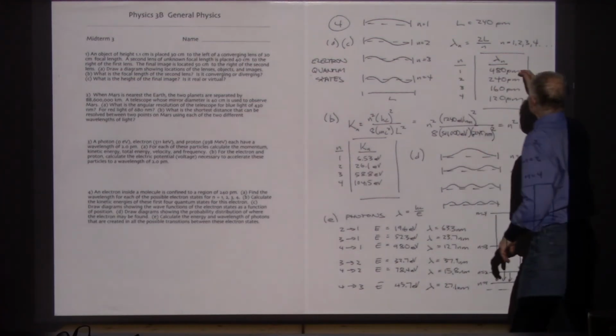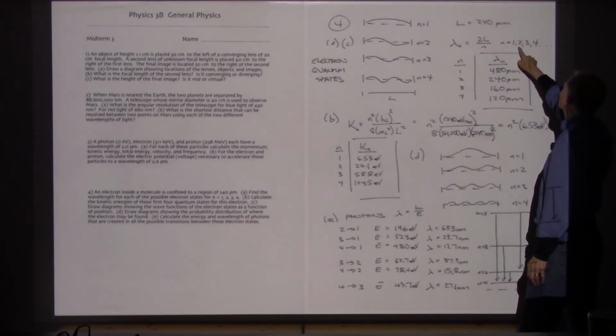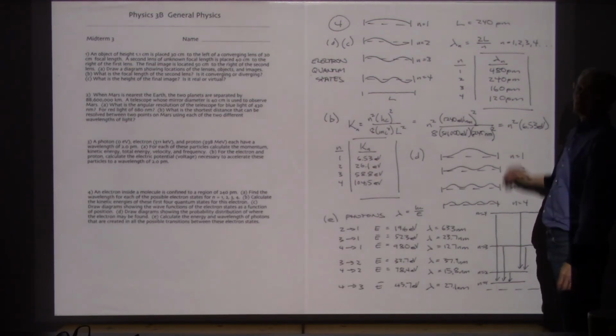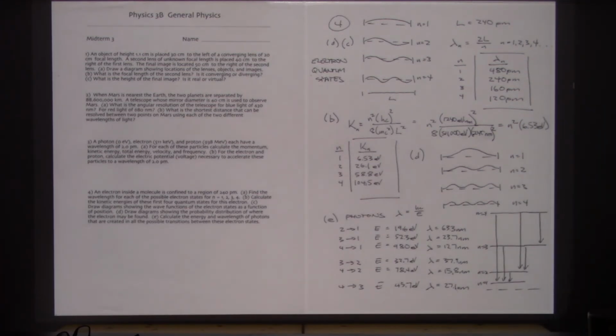So 480 picometers, 240, 160, and 120 as I divide through by 1, 2, 3, and 4. Okay, so for the sine functions, with a particle confined to a certain region, I can use that 2L divided by n to determine the wavelengths for each of those.